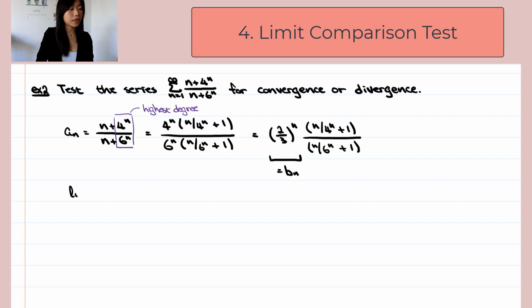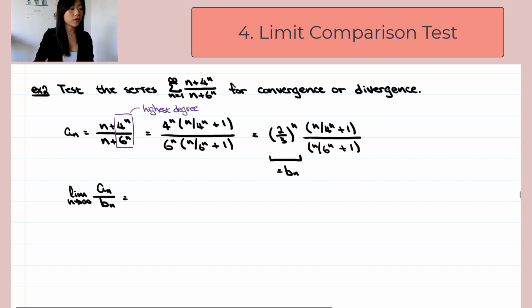So if I take the limit as n approaches infinity of the ratio an divided by bn, then this term will be cancelled out because I take this divided by this.